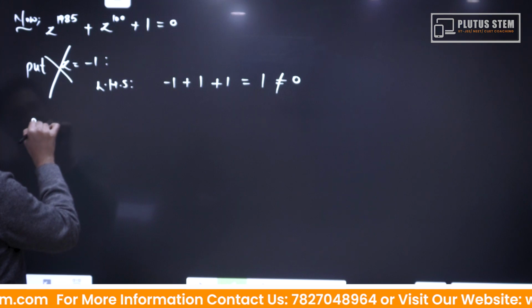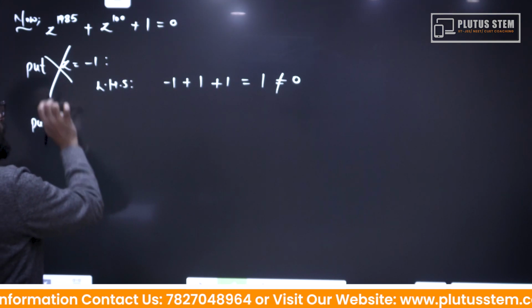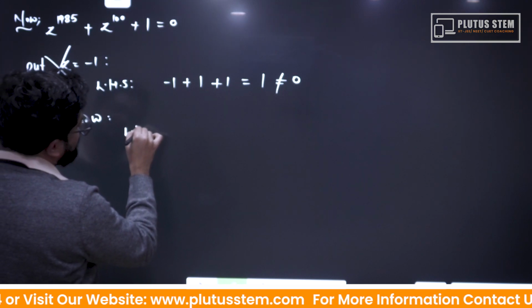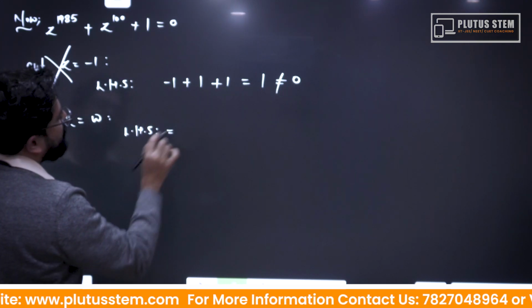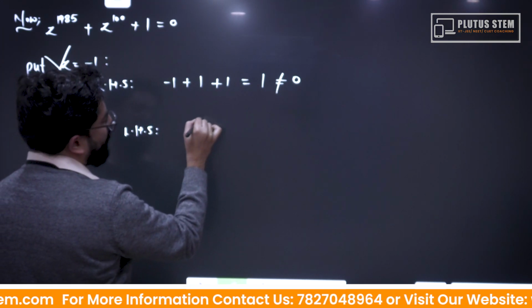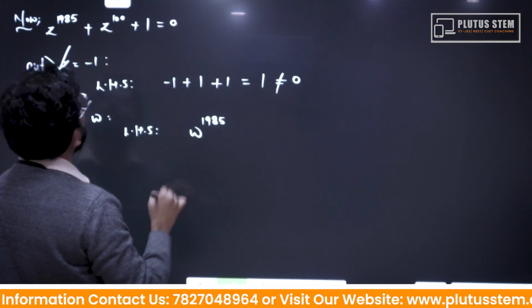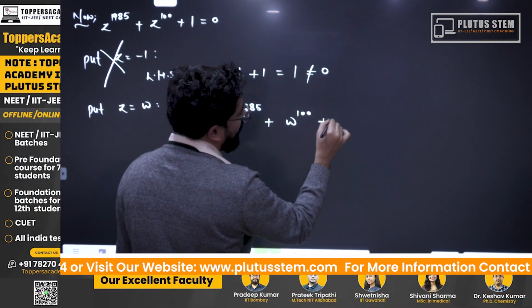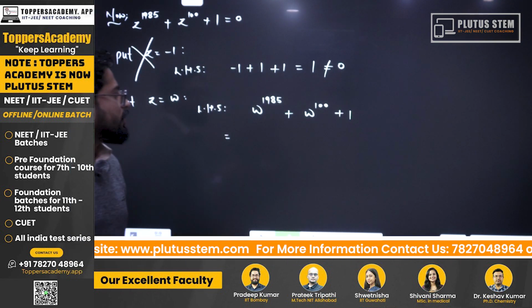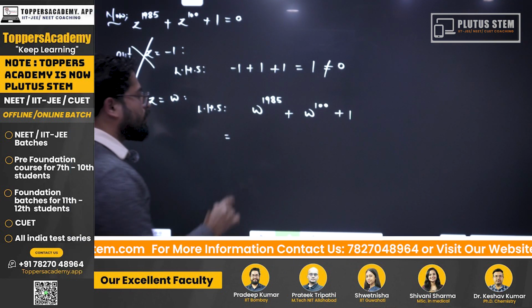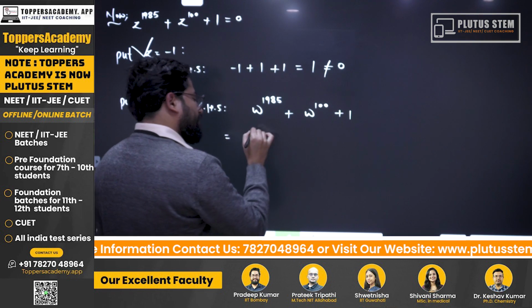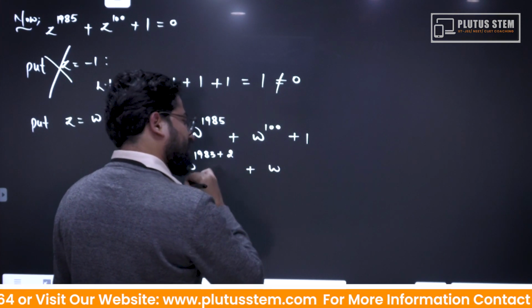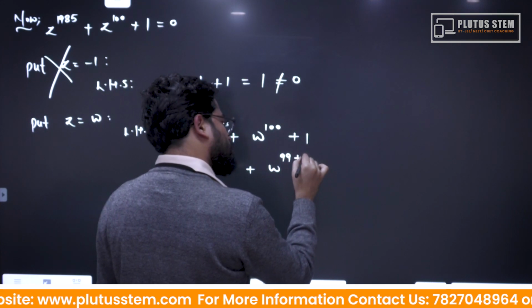Next, put z is equal to omega. Then the left hand side is omega power 1985 plus omega power 100 plus 1. We can write omega power 1985 as omega power 1983 plus 2, and omega power 100 as omega power 99 plus 1.